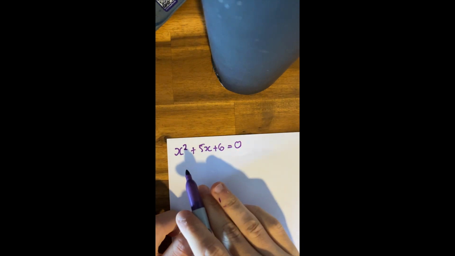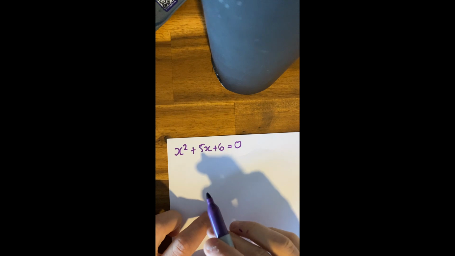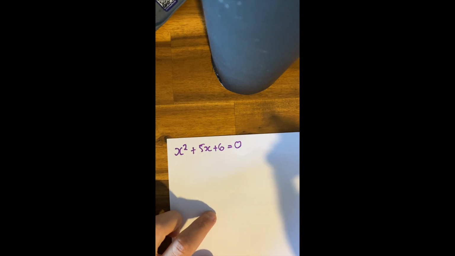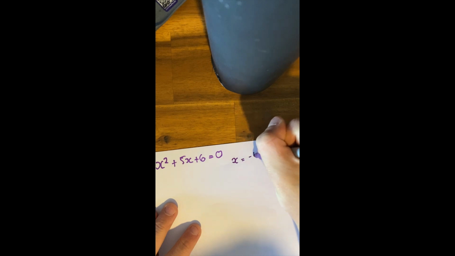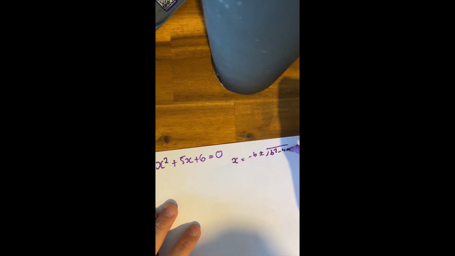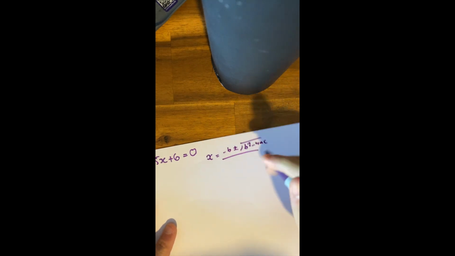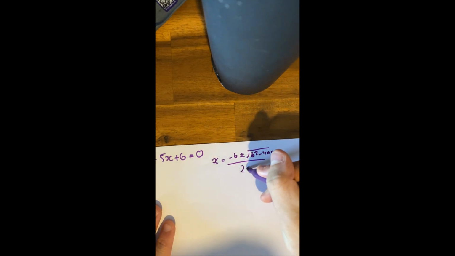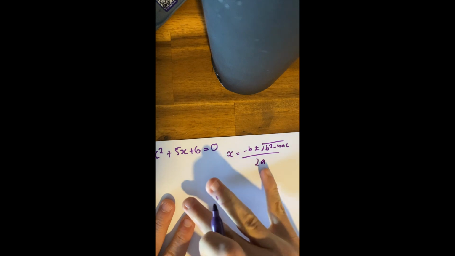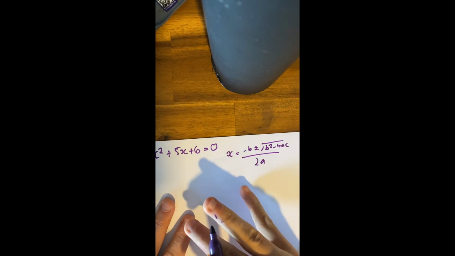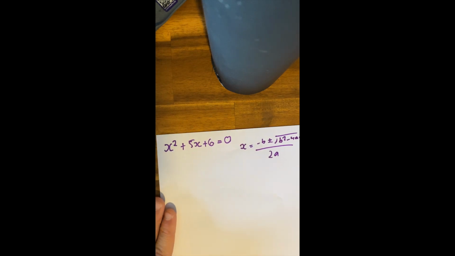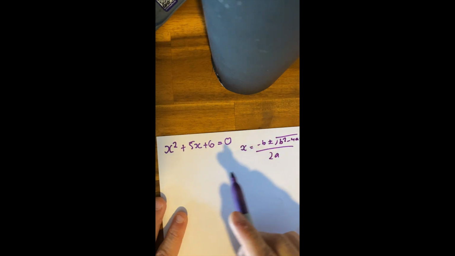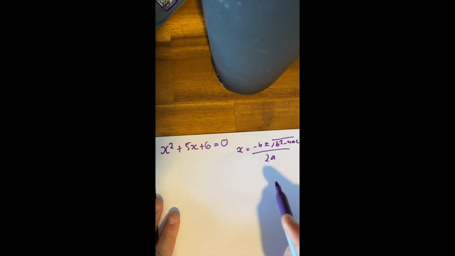Okay, so the first equation we're going to solve is x squared plus 5x plus 6 equals 0. So remember that the quadratic formula is x equals minus b plus or minus the square root of b squared minus 4ac all on 2a. Just remember that this will work for every single quadratic equation with a real solution. So simply we substitute the coefficients of these values into this equation.